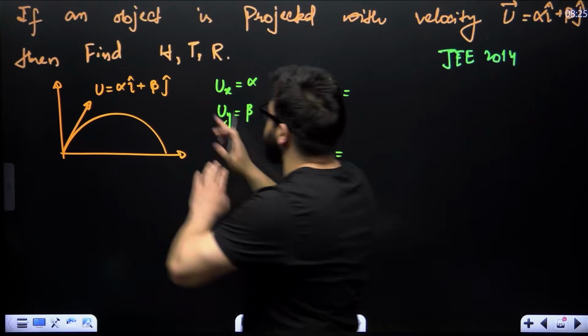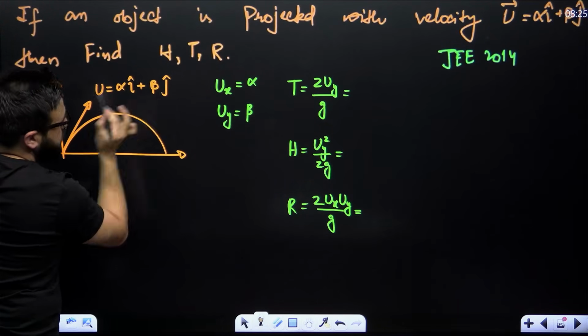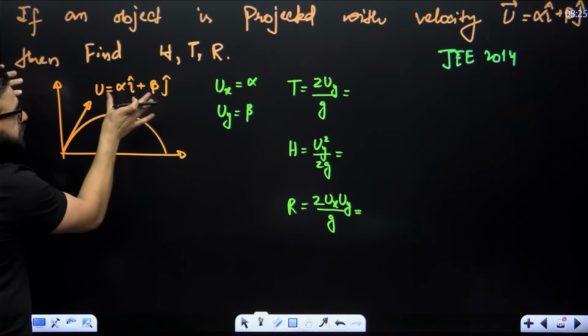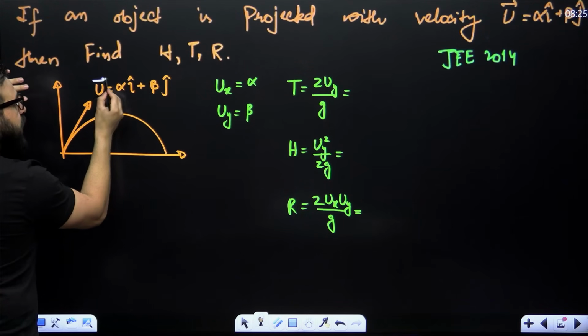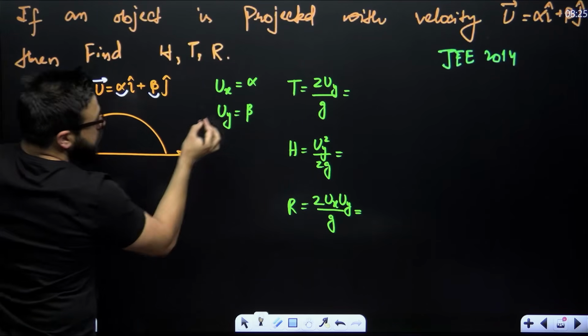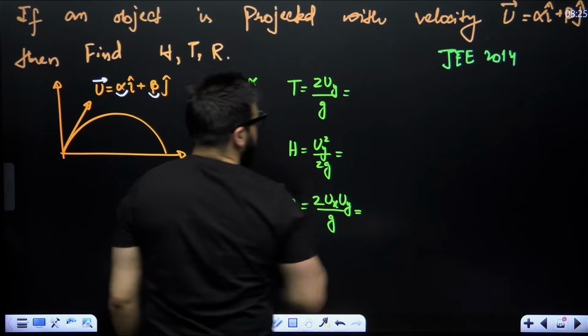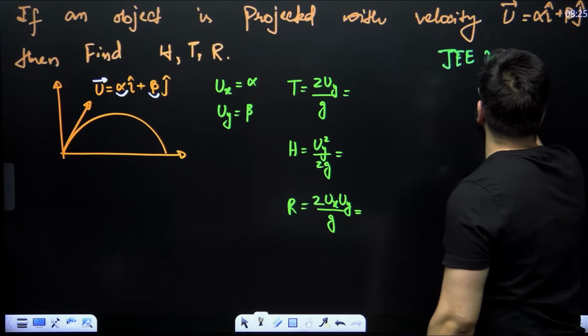Now take a look. In this particular case, an object is projected with velocity u equal to alpha i cap plus beta j cap. When object is given this initial velocity, it means this is the x component, which is with i cap, this is y component. So x component of initial velocity is alpha, y component is beta. This is the question of JEE 2024.